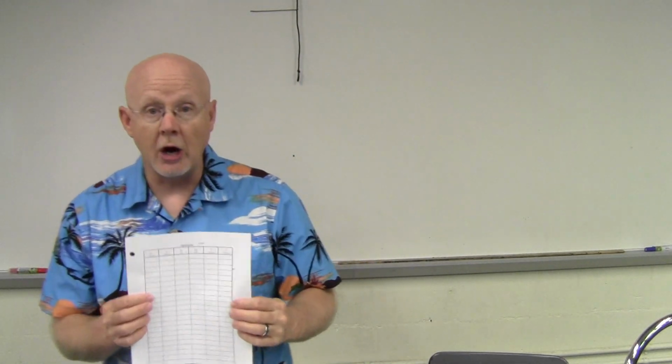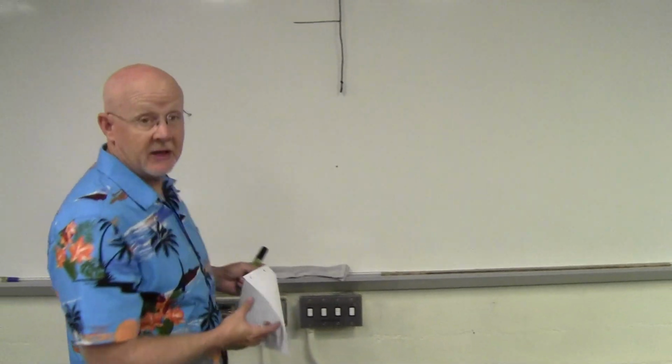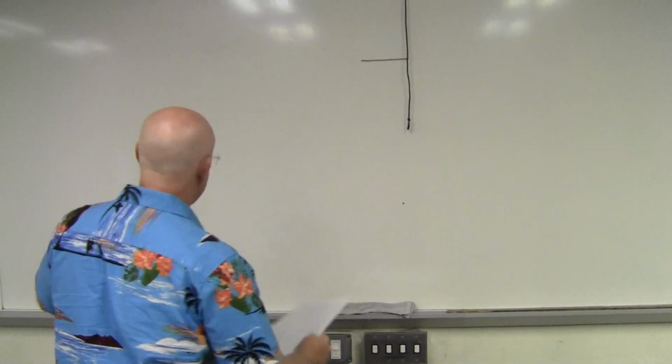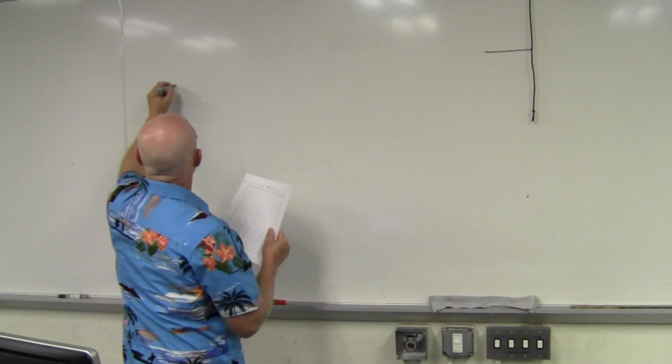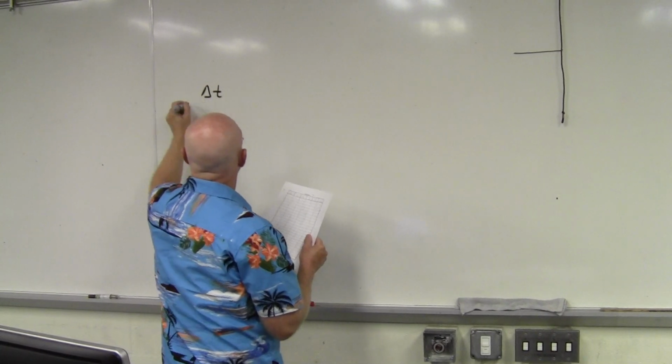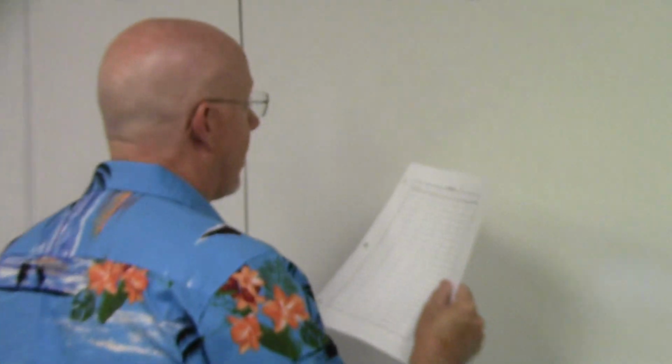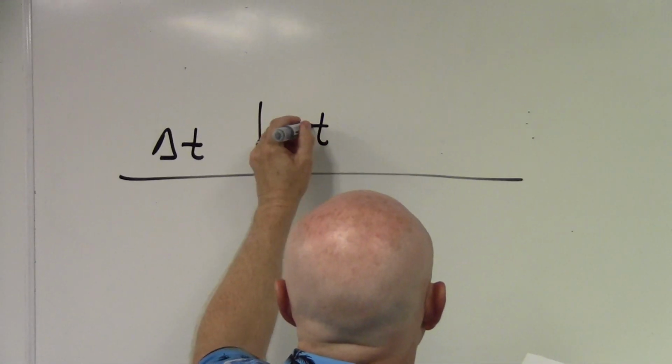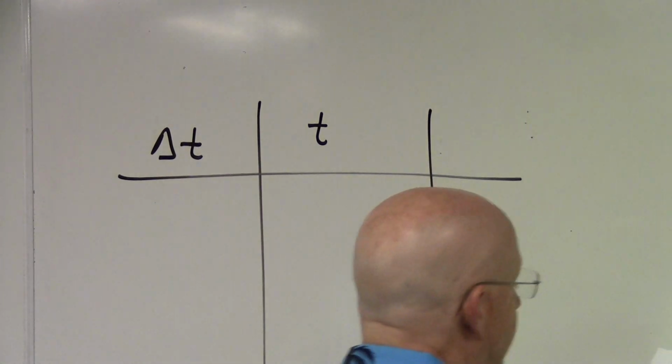As a team together, let's collect our raw data. So you can see this a little better, I'll put some things on the board. I'm going to take this table, and the first heading is delta T. I'll talk more about that in a second. The next one is just T itself.